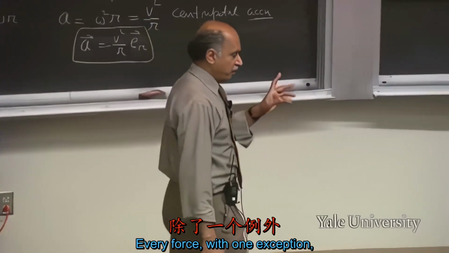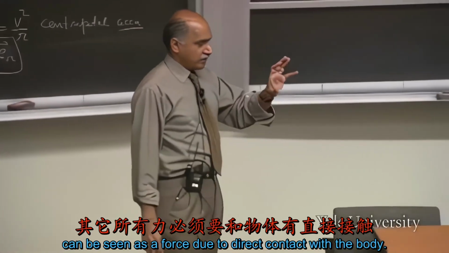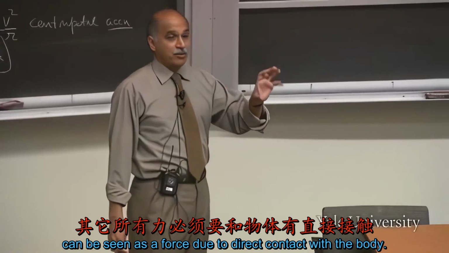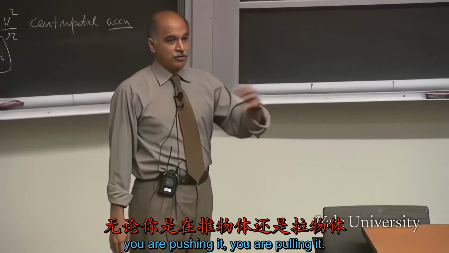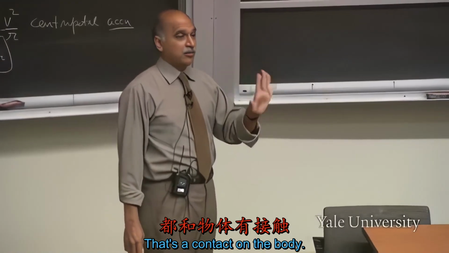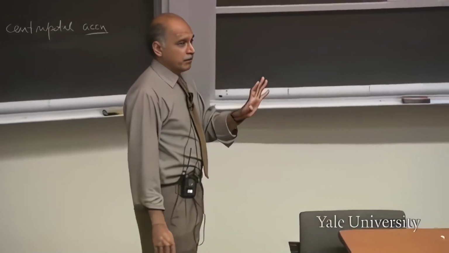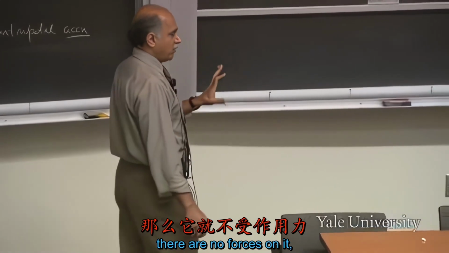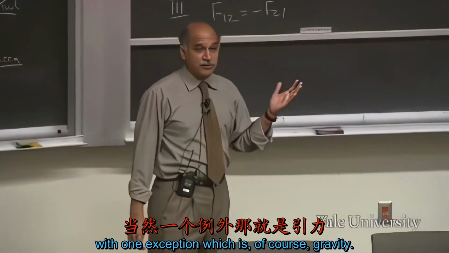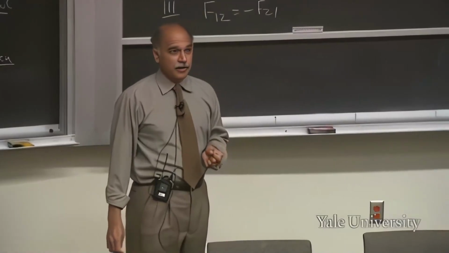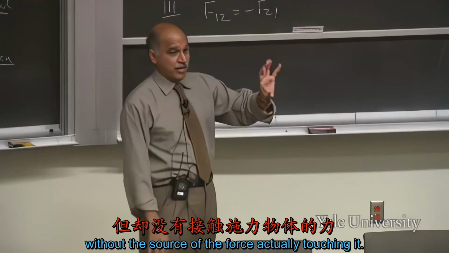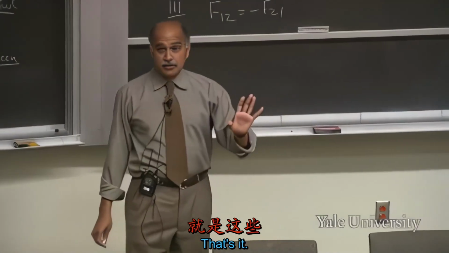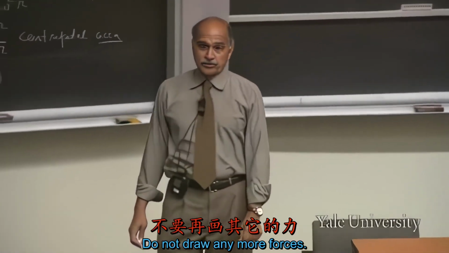Every force, with one exception, can be seen as a force due to direct contact with the body. Either a rope is pulling it, rope is pushing it, you're pushing it, you're pulling it. That's a contact on the body. If nothing is touching the body, there are no forces on it, with one exception, which is, of course, gravity. Gravity is one force that acts on a body without the source of the force actually touching it. That's it.